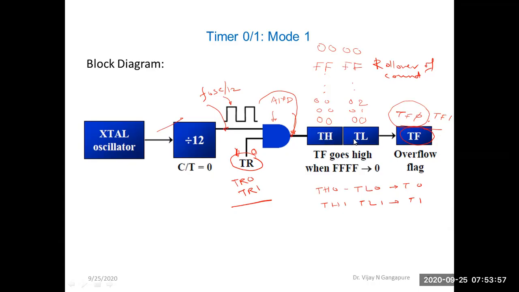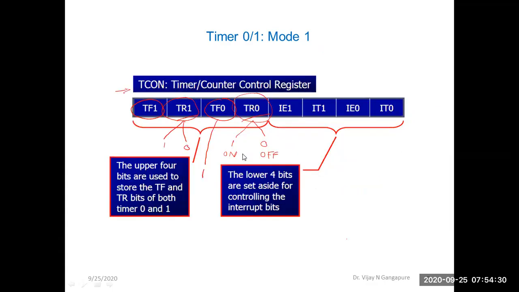If this 16 bit is represented in hex, the maximum value will be FFFF, and after that, due to one more pulse, the count in this timer register rolls over from all ones to all zeros, FFFF to 0000, and in that case the timer flag bit gets set. These timer flag bits and timer run bits are in the TCON SFR, the timer control register.